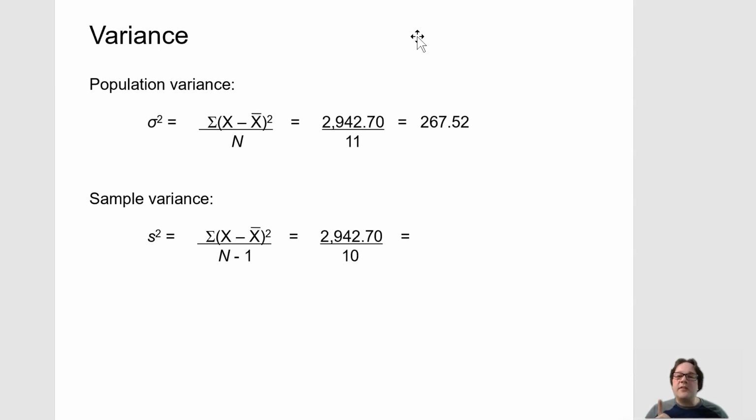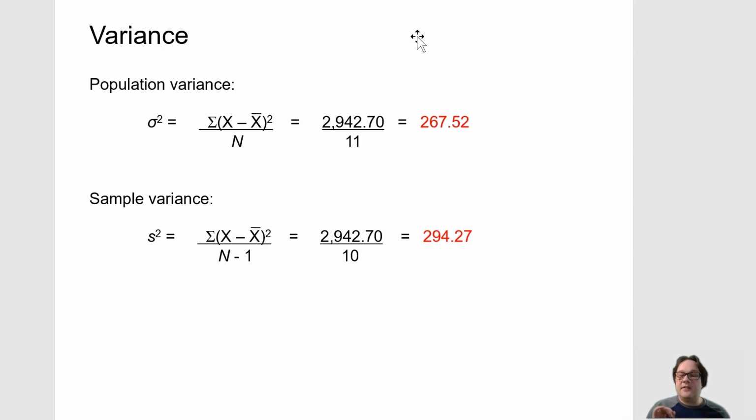So instead of dividing 2,942.70 by 11, we're going to divide that value by 10, n minus 1, and see what happens. Okay, so now we get a sample variance of 294.27.